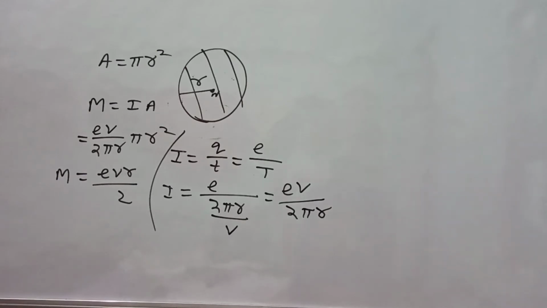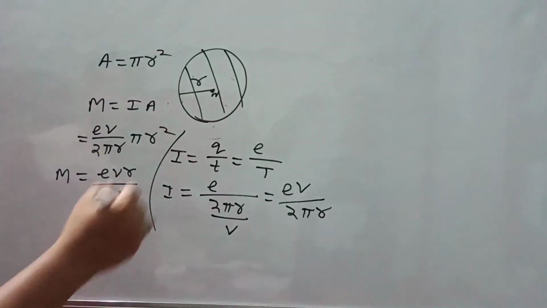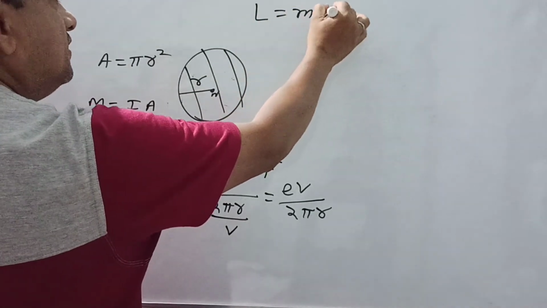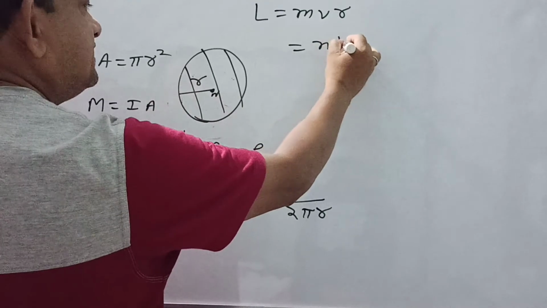What is e? e is the charge on the electron, v is its speed, r is the orbit in which it moves. So magnetic dipole moment is equal to this. But if we apply one of the postulates of Bohr's model, that angular momentum is equal to nh by 2 pi, we can write that angular momentum L is equal to mvr is equal to nh by 2 pi.